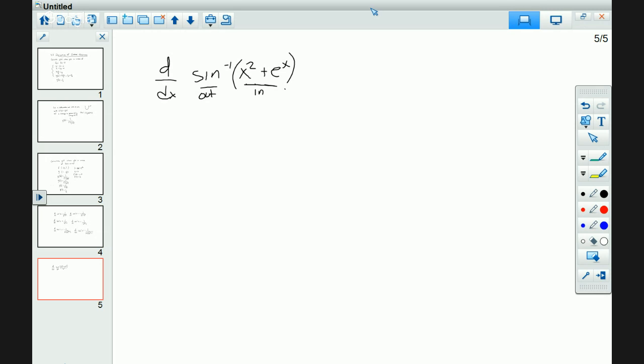The derivative of the outside, the inverse derivative outside, in terms of 1 minus x squared, and I have to copy the inside of it. The derivative of the inside is 1 minus x squared. My x value is this. Okay. Derivative of the outside, copy the inside. What's the derivative of the inside?